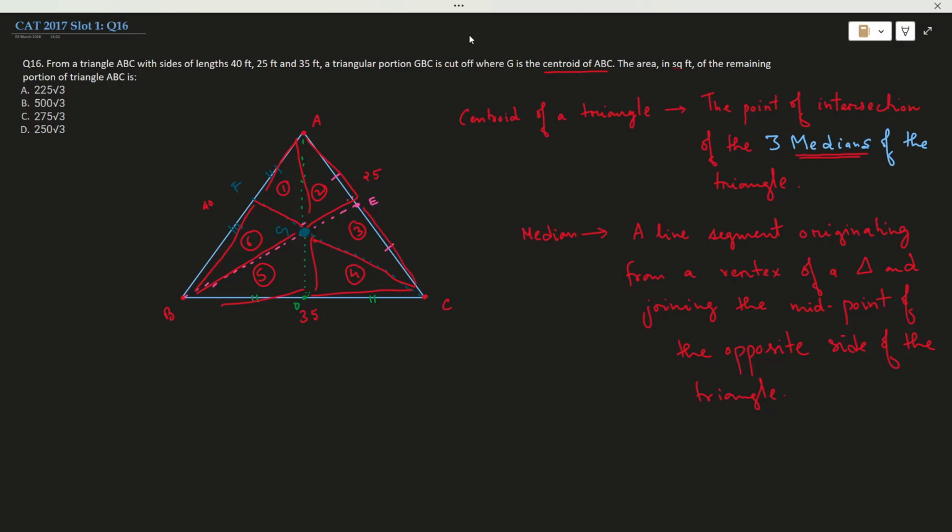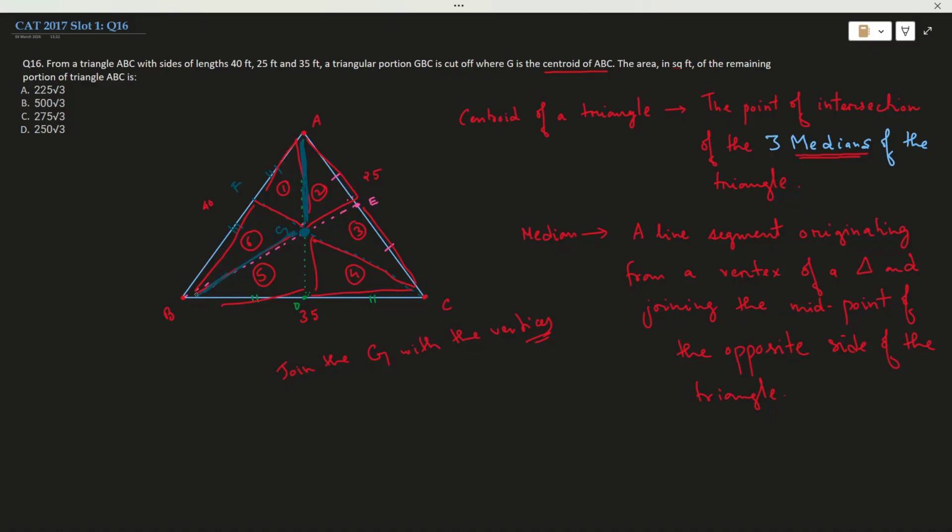In addition to that, please note guys, if I join the centroid, that is G, with the vertices, you will get 3 triangles. This is one triangle.